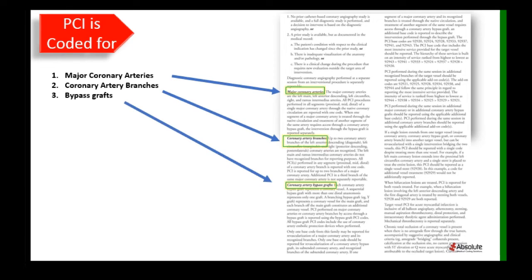Yes, so in a bypass graft, we can carry out these PCI procedures. And again, percutaneous coronary intervention is to help restore the blood flow. Due to occlusion, there could be some hardening or blockage in the artery. They could be clogged, whatever. They're trying to restore the blood flow.